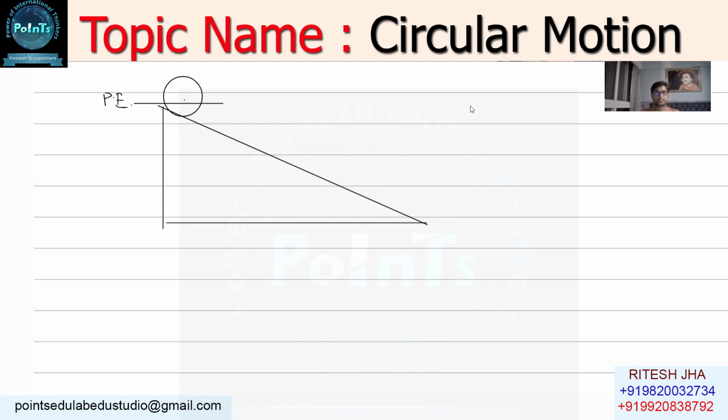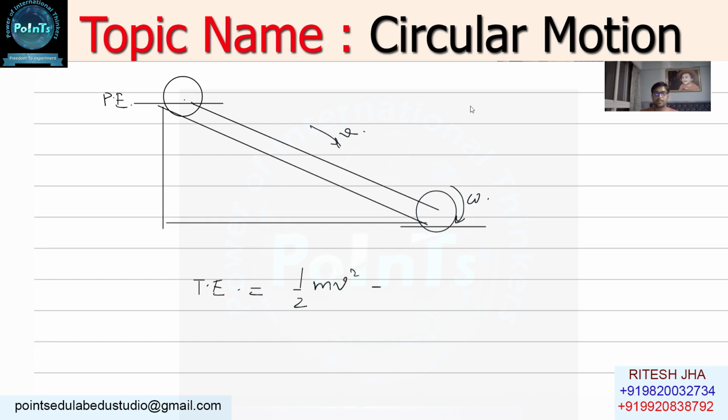When it is rolling downward, let's say it is over here and it is rolling, and it is frictionless. Then it will be having the linear speed v, as well as the angular speed omega. So the total kinetic energy will be equal to half m v square plus half I omega square.